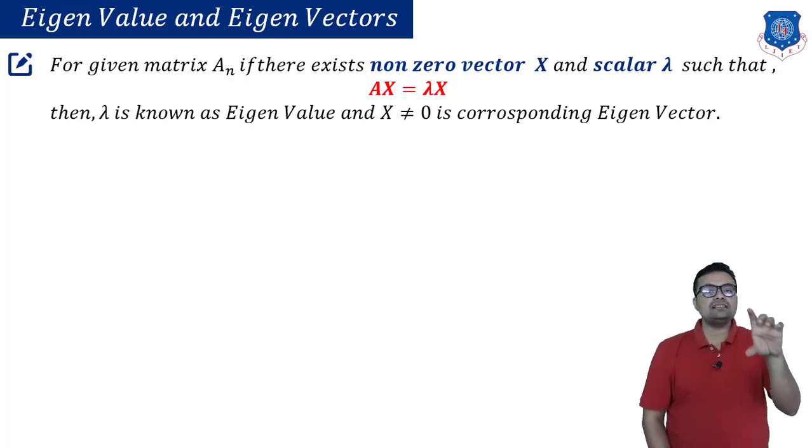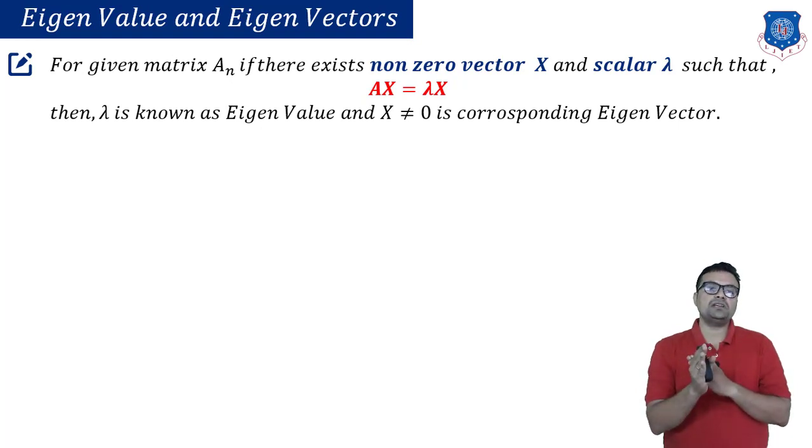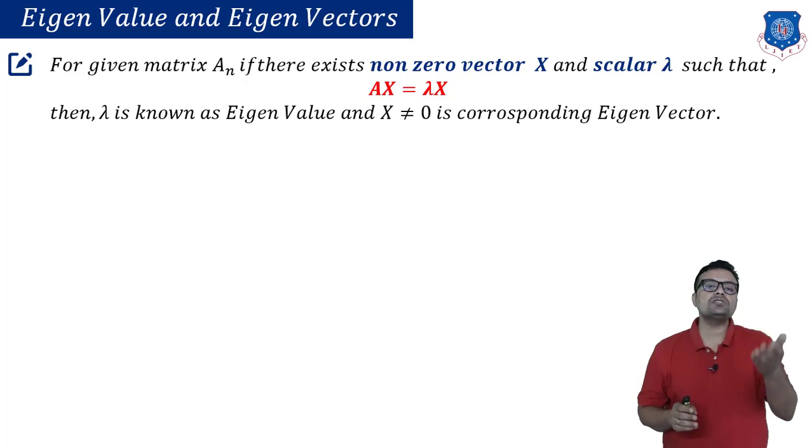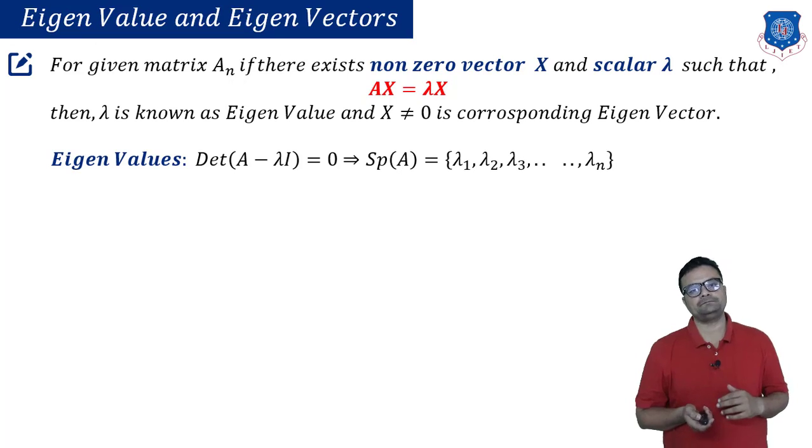So x remains the same, it is not changing its direction, but it is scaled by lambda. The effect of this multiplication is only a scaling factor. The magnitudes of entries in these vectors are changing, but the direction ultimately remains the same. If this is happening, lambda is the eigenvalue and x is the eigenvector.